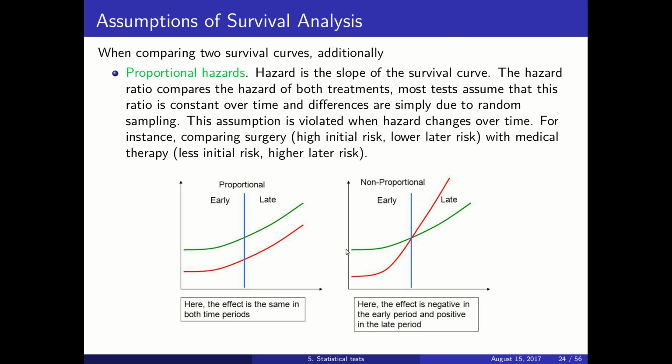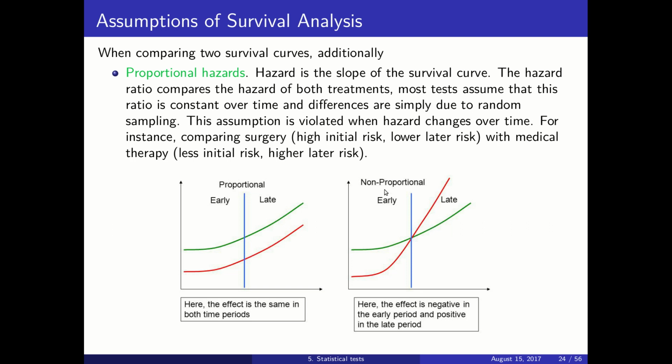And this is an example where we have non-proportional hazards. At the beginning the ratio is something, later the ratio is something else. This could be an example when you're comparing surgery with medical or pharmaceutical therapy.